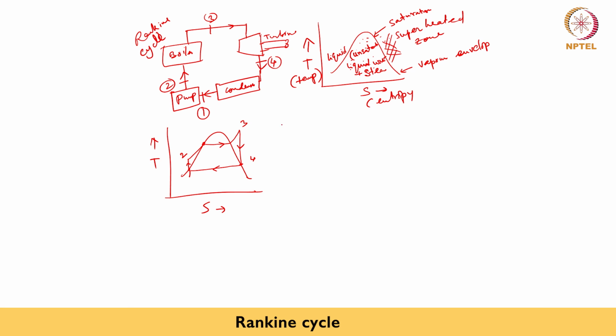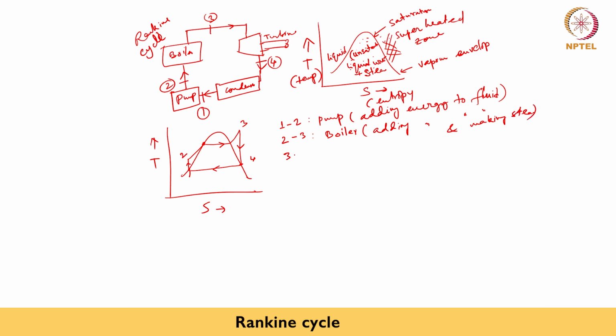So here 1 to 2 in the TS diagram shows the pump. 2 to 3 is the boiler. The pump is adding energy to the fluid, as per the definition I already told. The boiler is adding energy again to the fluid and making steam. And 3 to 4 is the turbine.